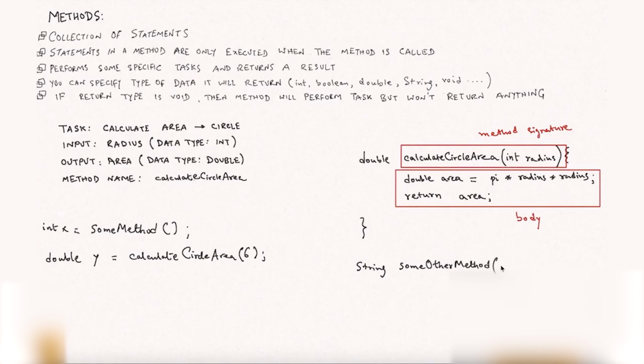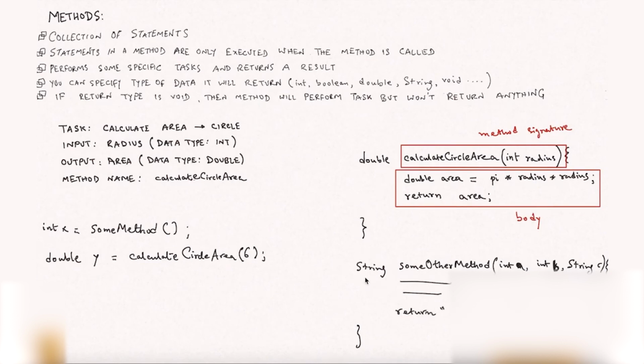So this method might take an input that is an integer, it might take another input that is an integer, but then it might take actually, I don't want to name them the same, so let's say this is A and this is B, and it might take another input that is a string C. So at that point, you might have some statements here, and then you'll have some return.